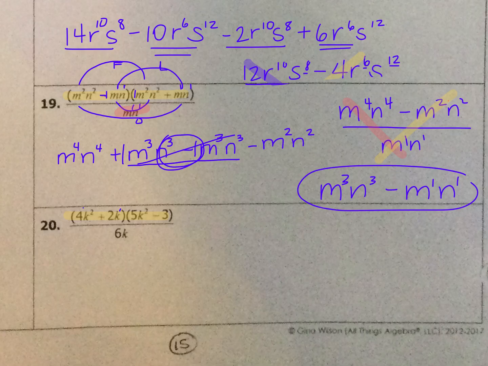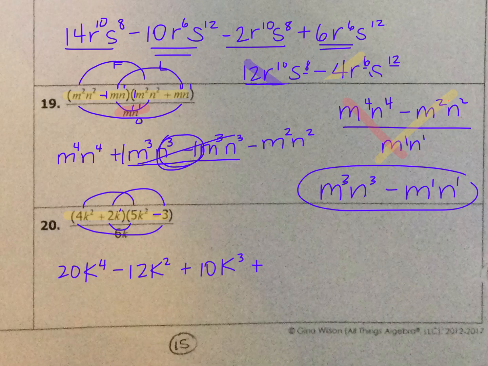So 4 times 5 is 20k. 2 plus 2 is 4. 4k squared times negative 3, that's negative 12k squared, because the 3 doesn't have any k's on it, so I just copy what I have. 2 times 5 is 10k. 1 plus 2 is 3. 2 times negative 3 is negative 6.